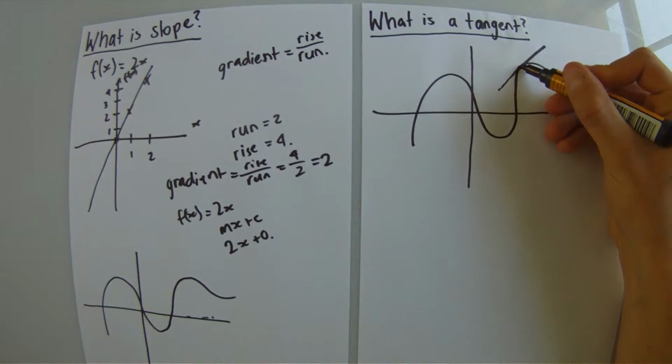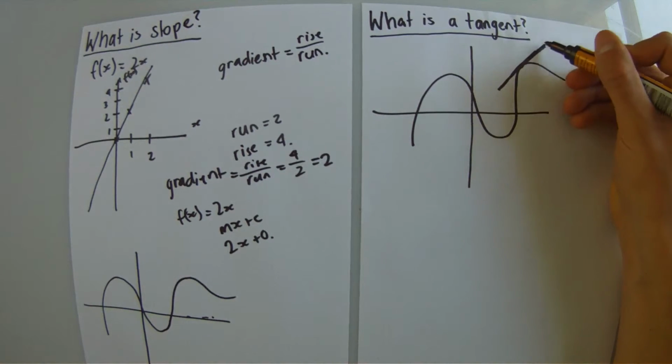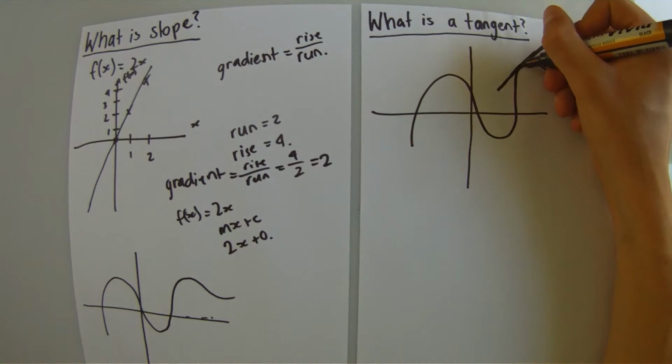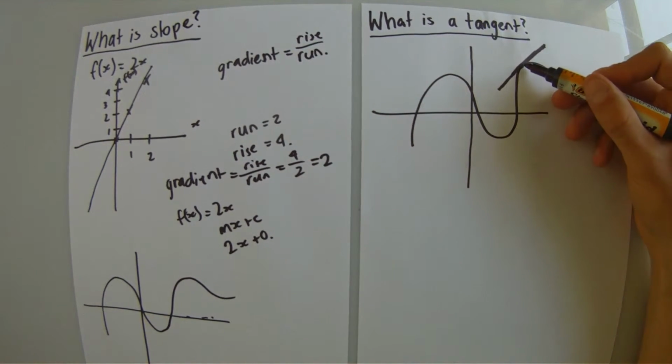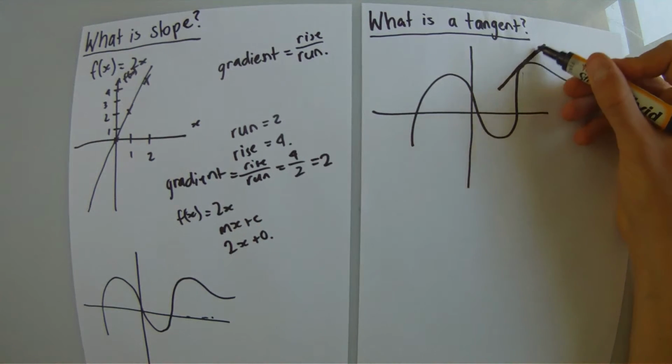So at this point here, this is the tangent line. It's the line that's parallel to the curve at that point. And what the tangent line tells us is the slope at that exact point. So at this particular point, the slope will be the gradient of this tangent line.